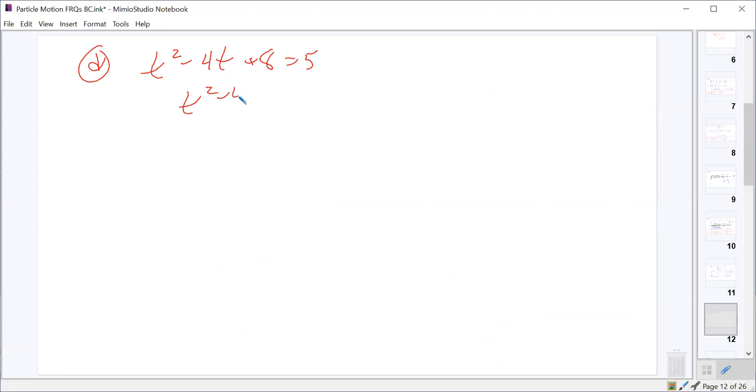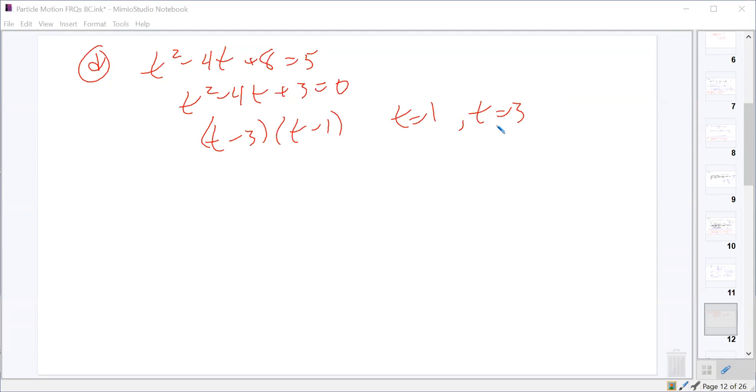So t squared minus 4t plus 3 equals 0. (t minus 3)(t minus 1). Looks like those 2 t values are t equals 1 and t equals 3. So you got 1 point for getting those.